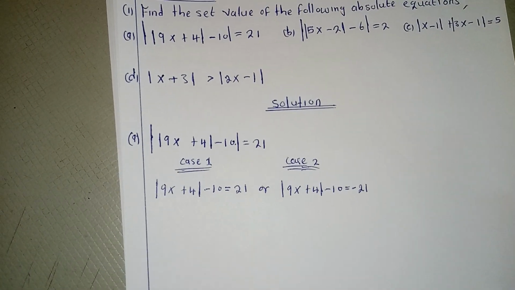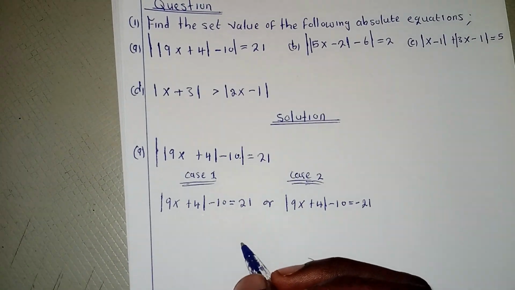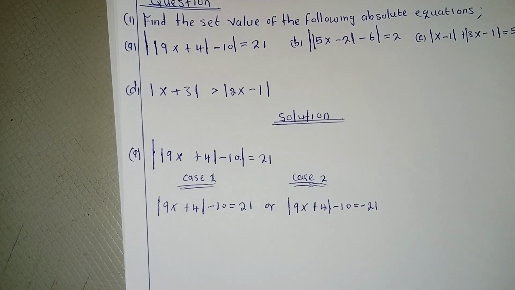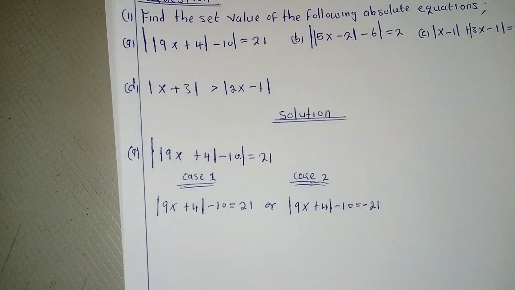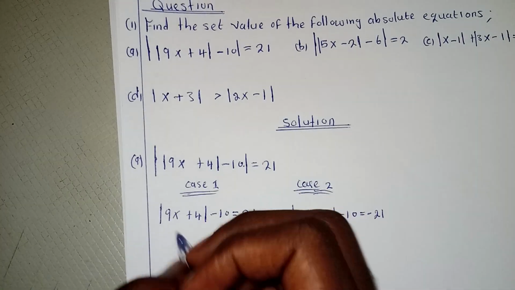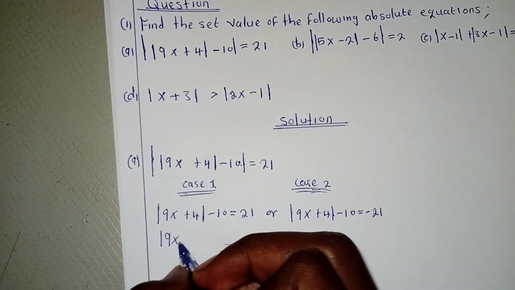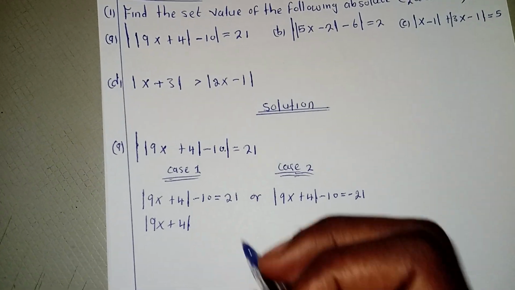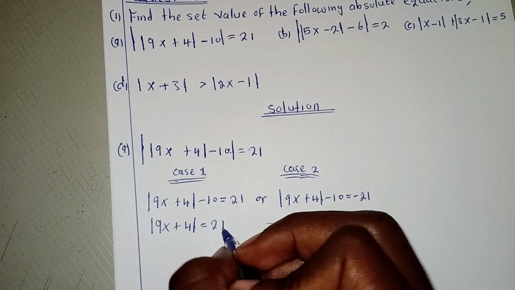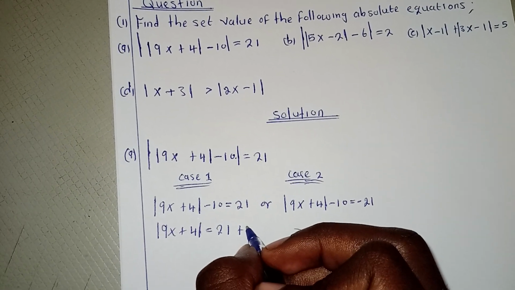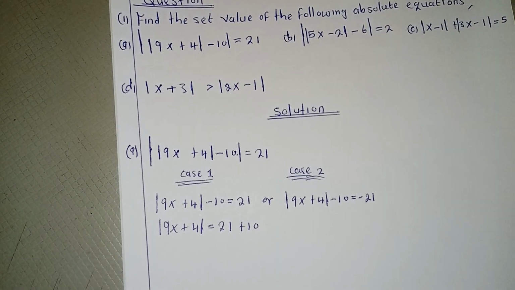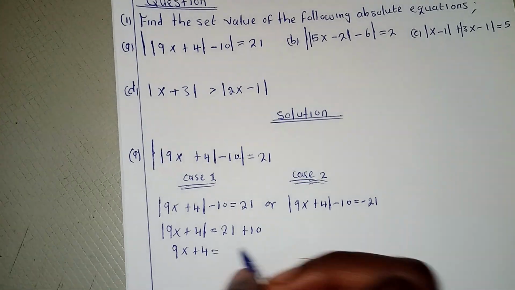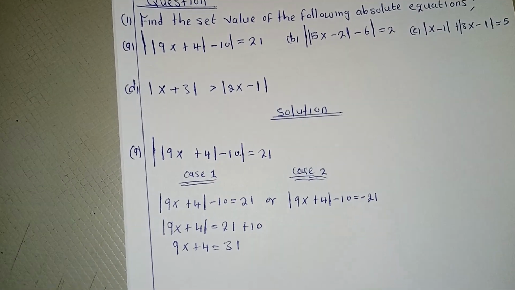Now, under case 1, we are going to remove the absolute values like this. Let's say 9x plus 4 equal to 21 plus 10. Then this is going to be 9x plus 4 equal to 31.